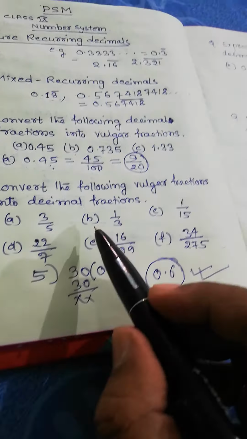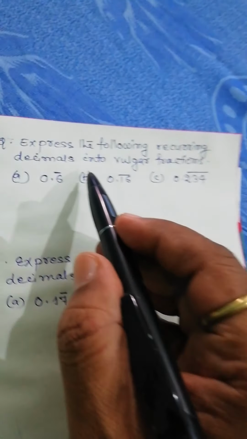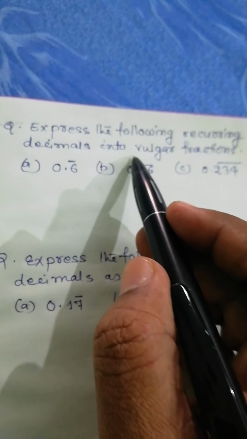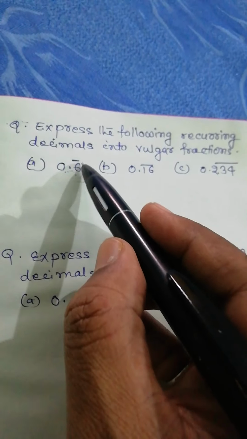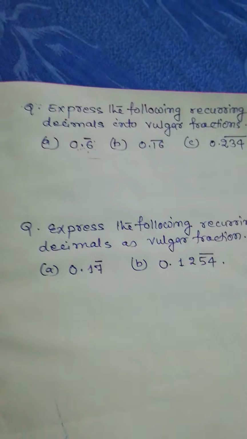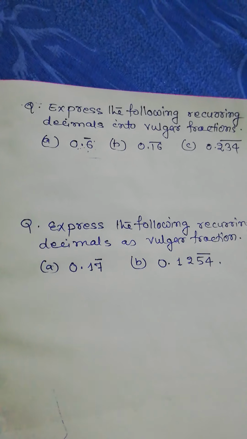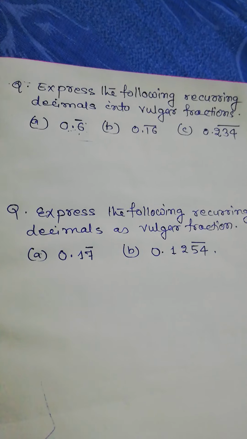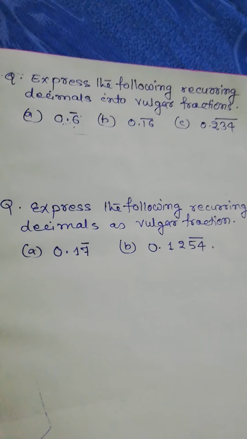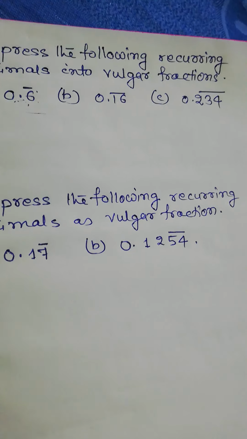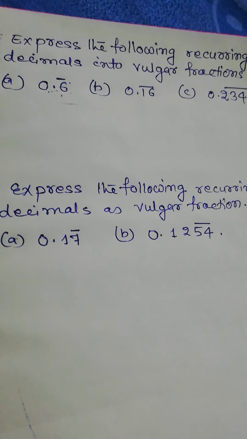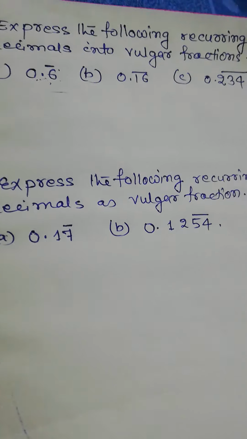Now, the next question is to express the following recurring decimals as vulgar fractions. Here, 0.6 dash is given. So, how to change 0.6 dash, that is a recurring decimal, into a vulgar fraction?